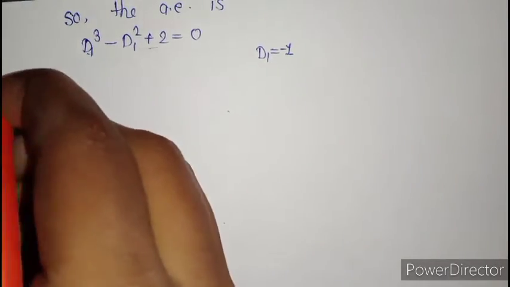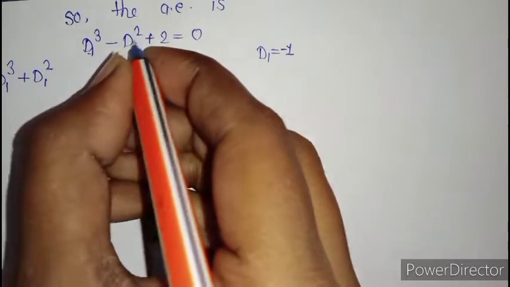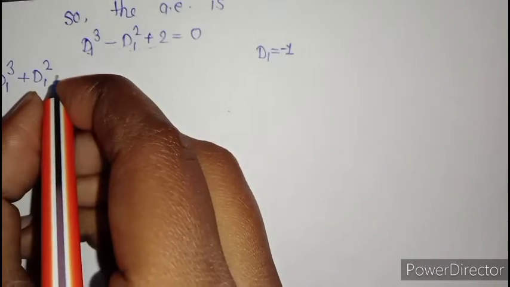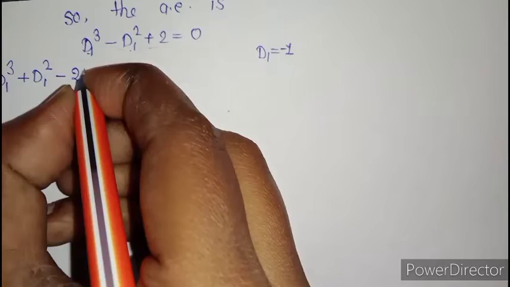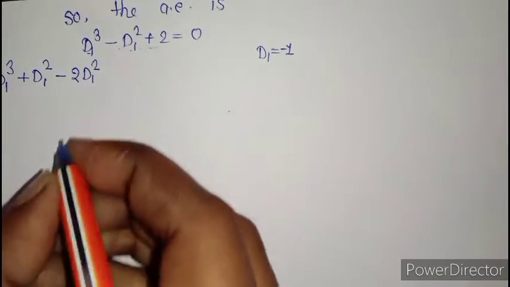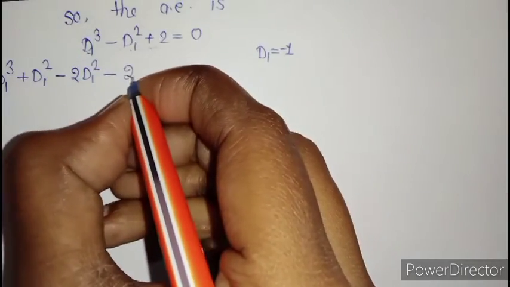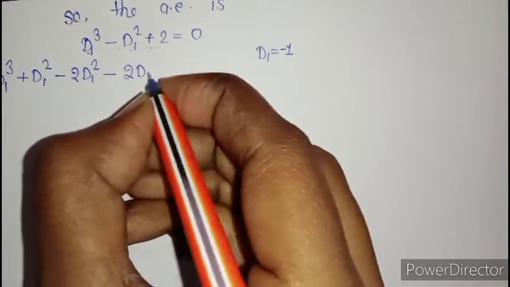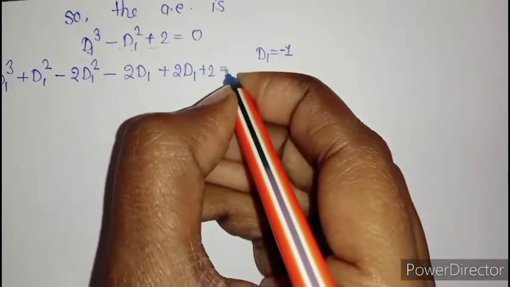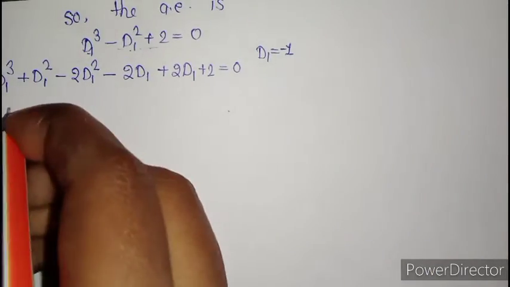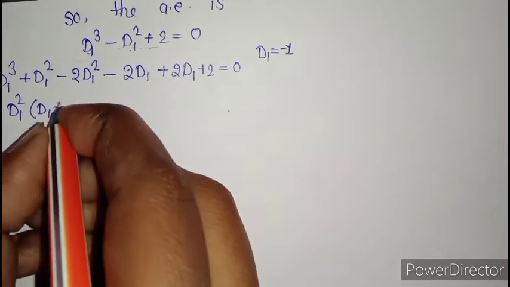So we can write it as D1 cube plus D1 square. In order to maintain the equation, we have to subtract 2 D1 square from here, then subtract 2 D1 and then add 2 D1 plus 2 is equal to 0. If we take D1 square common here, it becomes D1 plus 1.